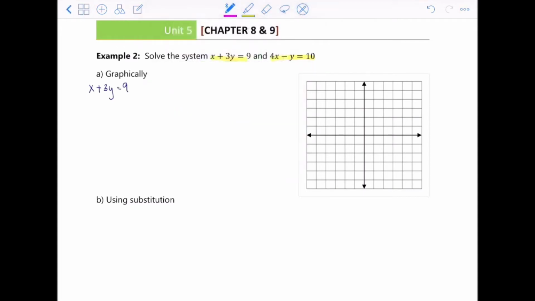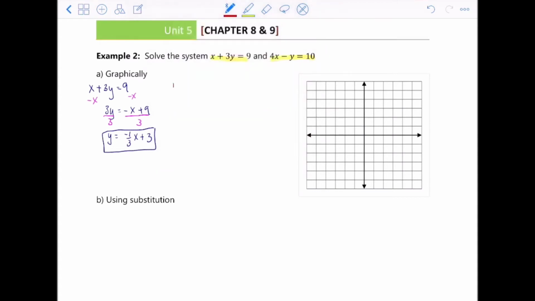We're going to isolate y, so let's take away x from both sides. So we are left with 3y equals negative x plus 9. And we do need to divide the entire equation by 3. So we get y equals negative 1 over 3 x plus 3. So this is our equation 1.